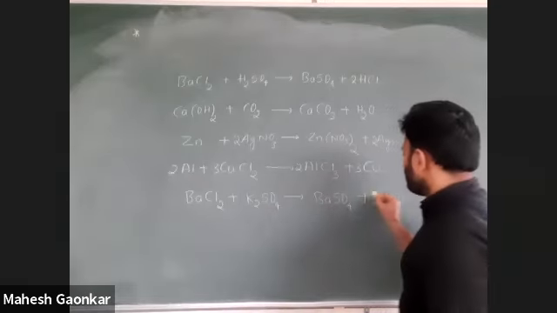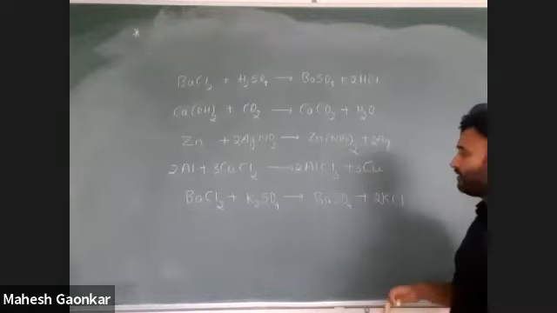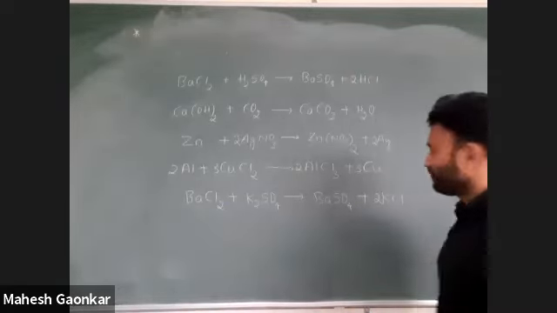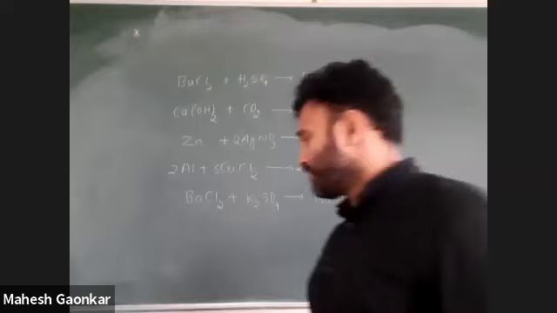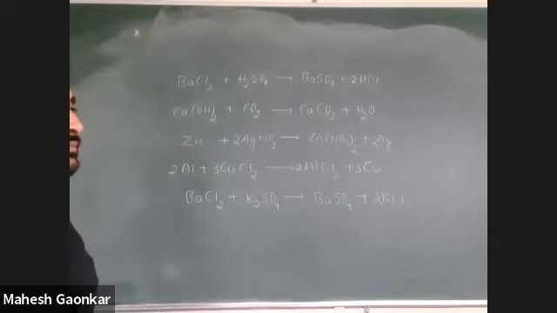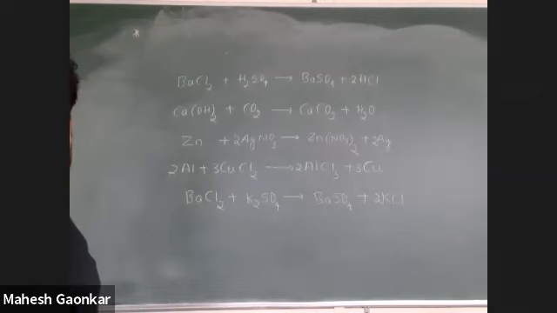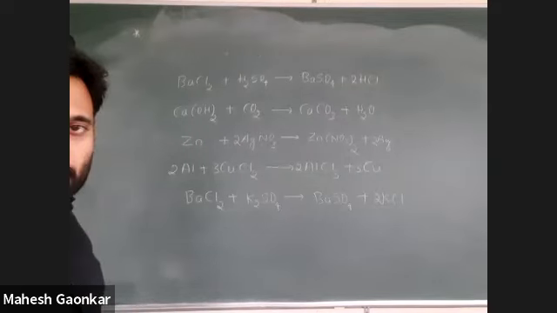Here K2 is there, so it should be 2KCl, that's balanced, and BaSO4. Fantastic, right? Isn't it? Yes, sir.